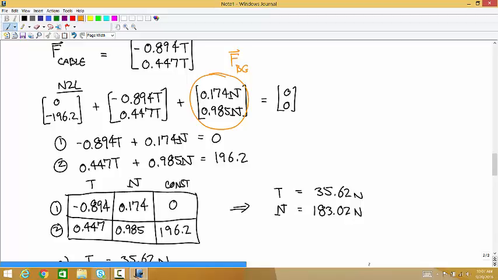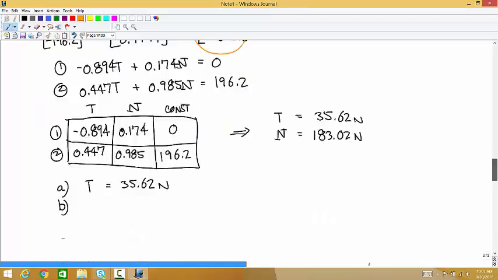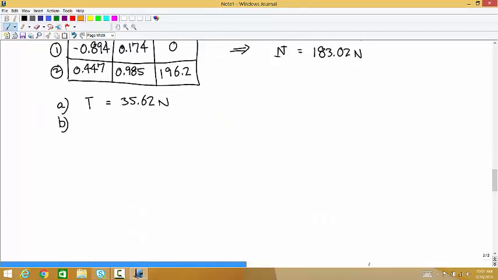But now you can plug N in there. Can someone multiply this out, now that we know that N is 183.02? Okay, 31.78 and then 180.24. And that is the force on the box by the ground.